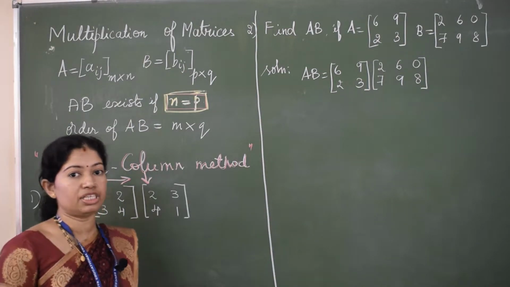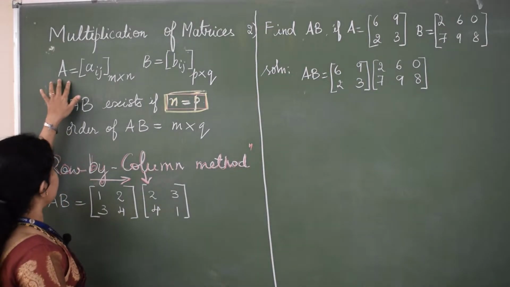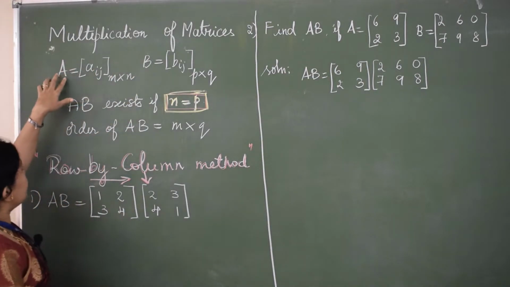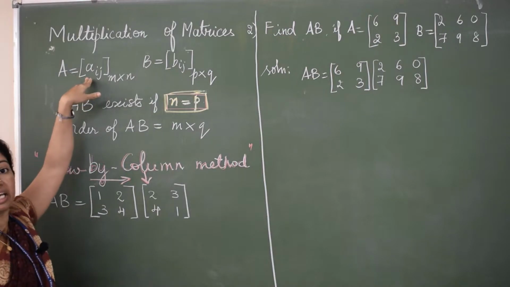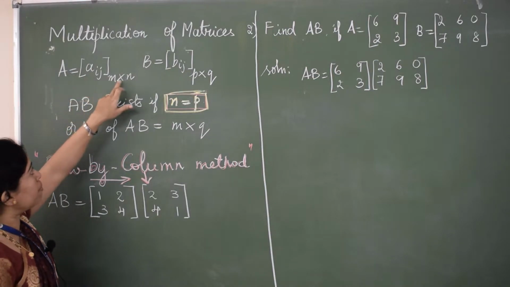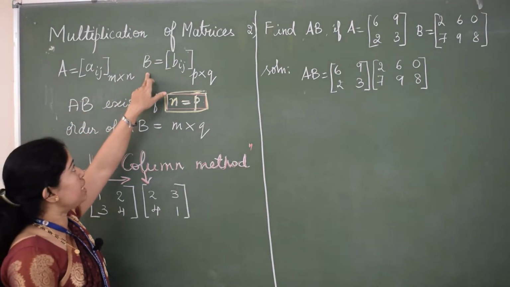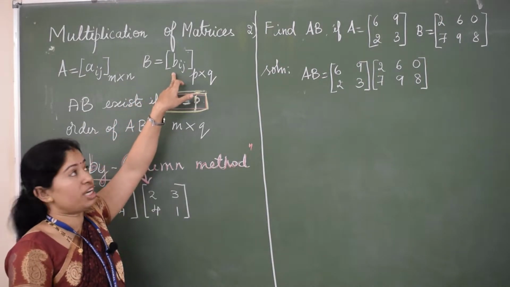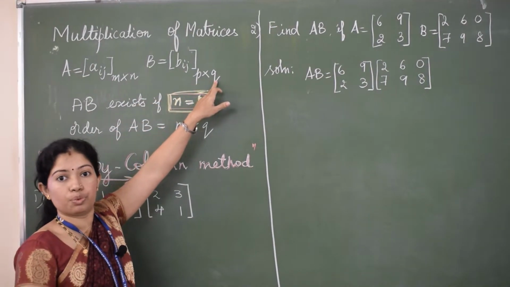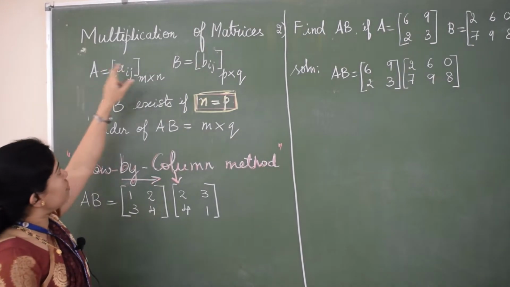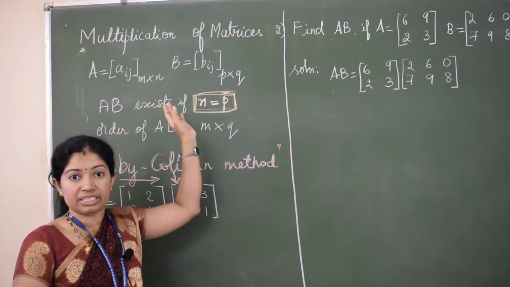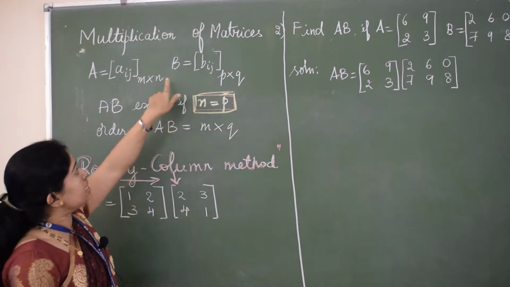So let us consider two matrices, matrix A and B. Matrix A containing the elements Aij of order m by n and matrix B containing the elements Bij of order p cross q. The product of these two matrices exists when n is equal to p.